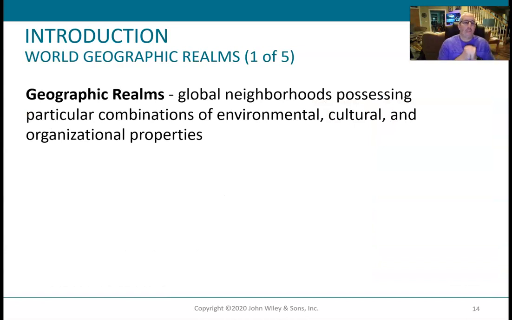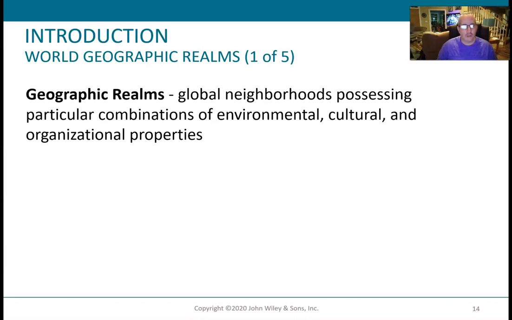So the next thing I want to talk about is how we separate the parts of the world with regards to people and space, both working together. And we've come up with this idea of geographic realms. Now, I'll tell you, when I was in college, when we took a world regional geography class, the way we separated the world was by continent.